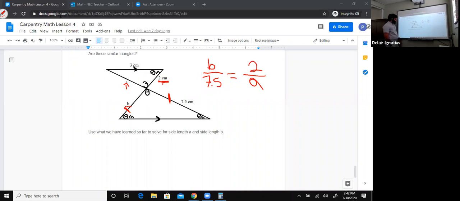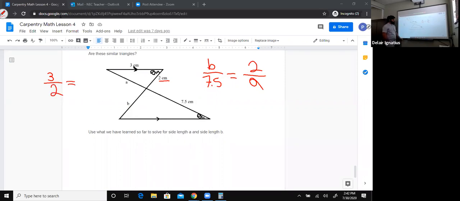But what if we found another set of ratios or another proportionality that we know? Let's look at the top triangle. We know two sides on it, right? So let's take the horizontal side, the very top side, 3, and then we'll go to the side next to theta 2, which is 2 centimeters, over 2.